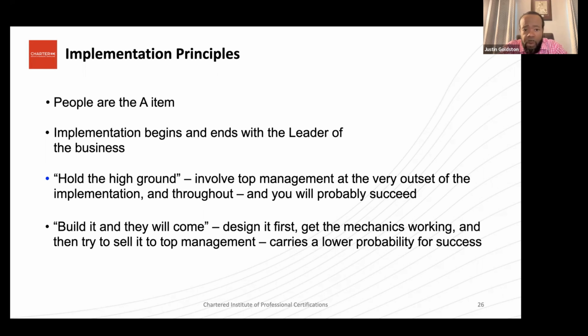So whenever we say to involve top management at the very onset, that's the thing. In some of the other projects, we'd have the kickoff. Vice presidents would come in for the kickoff, understand the project, and I would never see them again until go live, right? Those were difficult projects because there was a lack of buy-in.